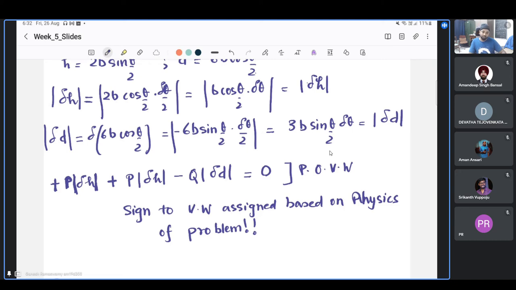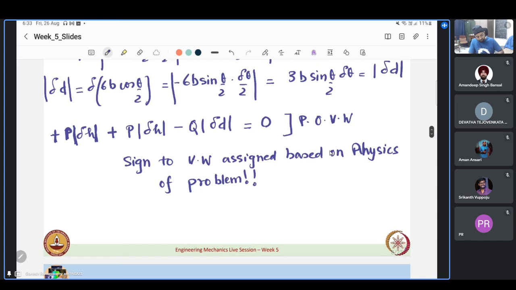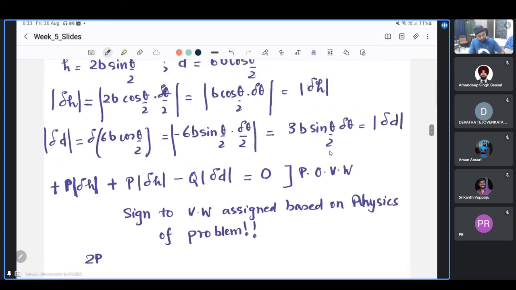It is to be essentially understood which are the active forces which do positive virtual work and which are the ones that do negative contribution to the virtual work, and accordingly put their sign while writing the principle of virtual work. So if I were to substitute this, I'll get 2p delta h. Delta h we have already got here.